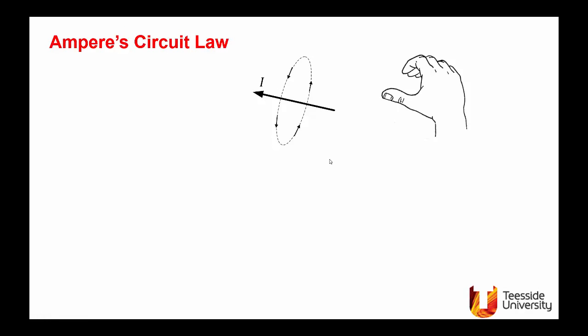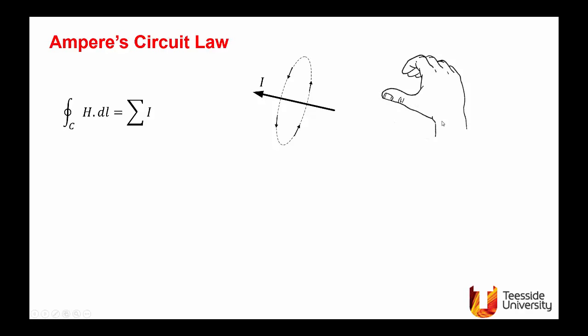Later on in the 1800s, the relationship between electric current and magnetic fields was quantified in Ampere's Circuit Law, which basically states that if you integrate H along a closed contour, H dot dl, that will equal the sum of all the currents enclosed within that particular contour. Before we move on to calculations, the right-hand rule gives the relationship between current and magnetic field.